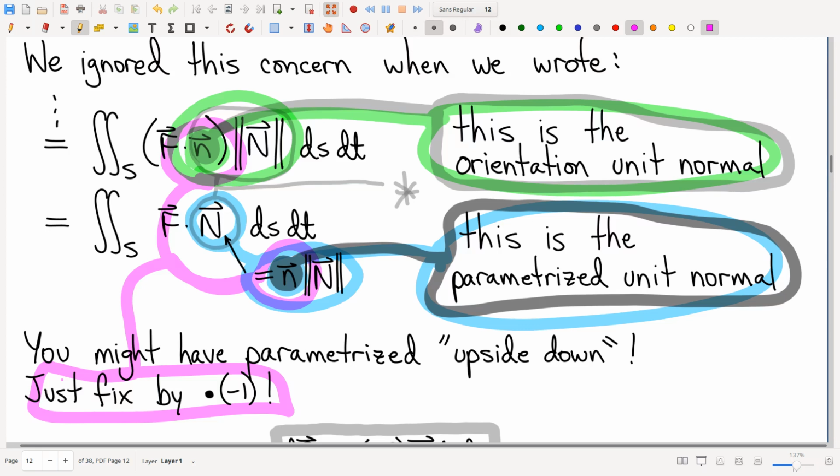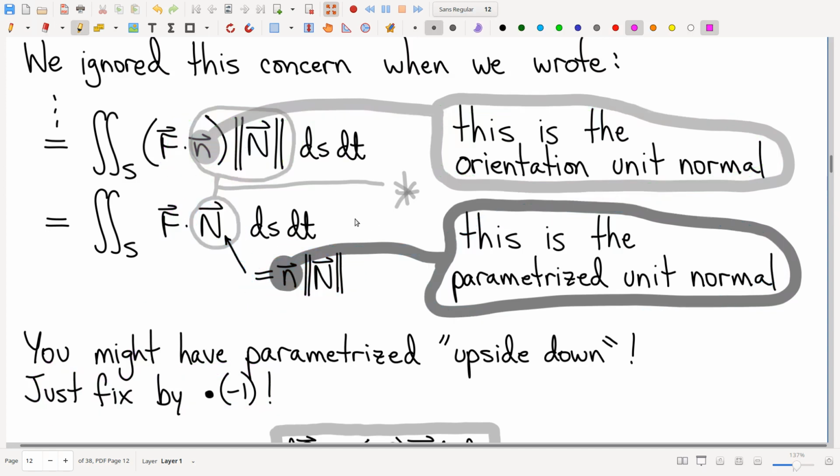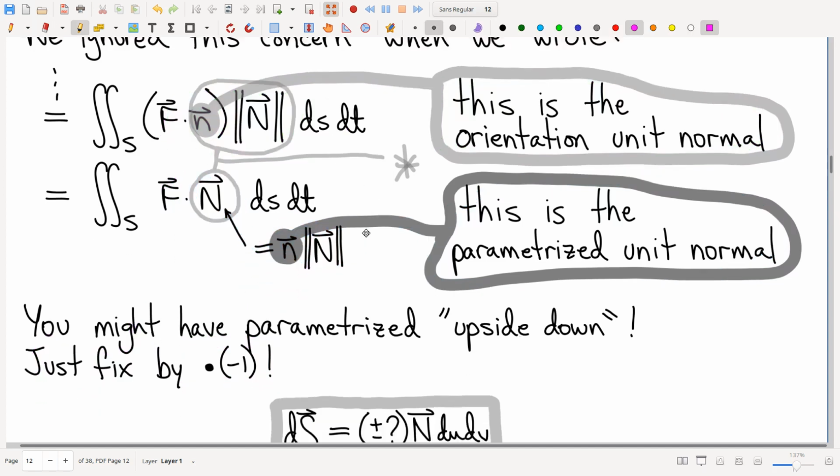Any parameterization. And then subsequently, after the fact, take a look and see if you did it right or wrong. If you did it wrong, then just throw a minus sign on there. Example to follow. I'll show you the specifics in a second. Okay, so that is the nasty issue, and why we see it in surfaces but not in curves.